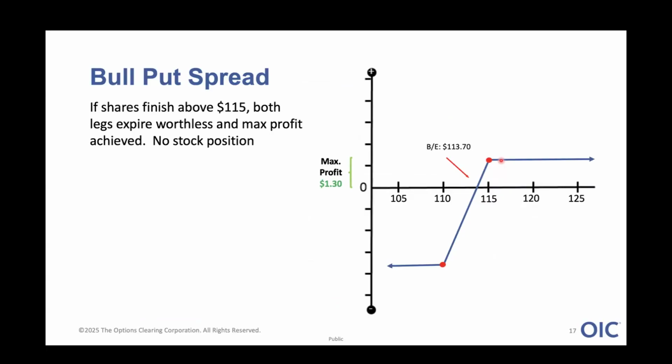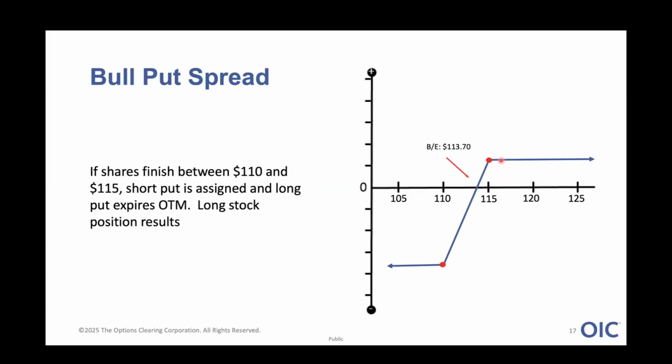There is no stock position. If the shares finish anywhere between 110 and 115 and you do nothing, you're probably going to get assigned on the short 115 put, meaning you're effectively long from your break-even price of 113.70, and a long position would result.